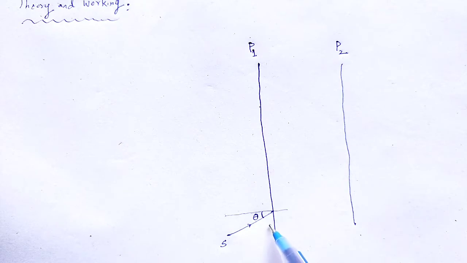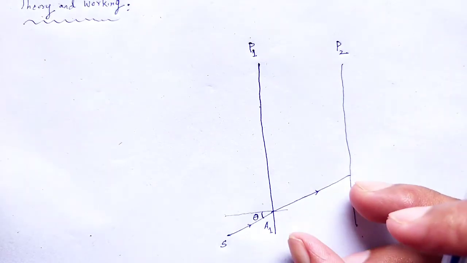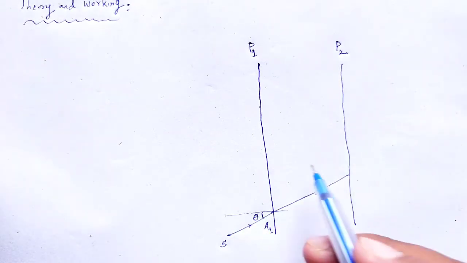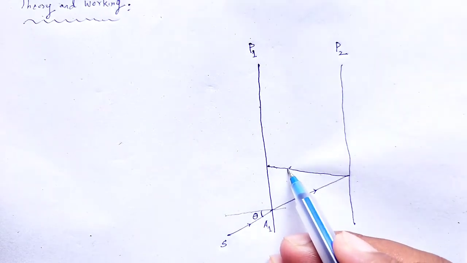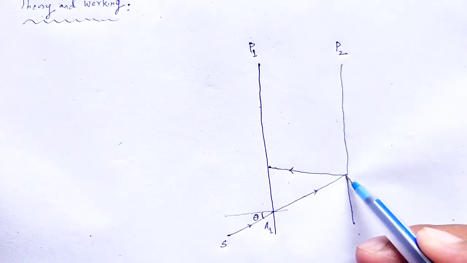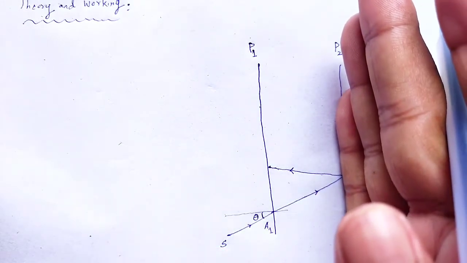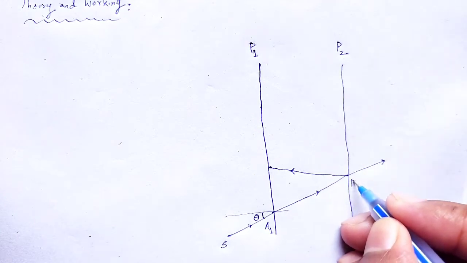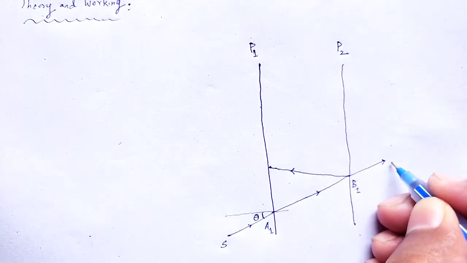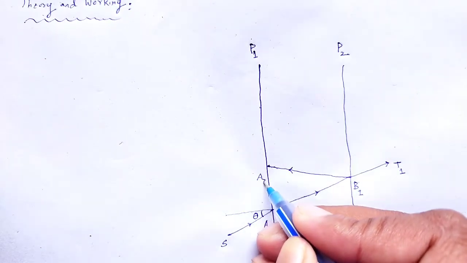Let the point be A1. That ray undergoes reflection and transmission, as that surface is entirely reflecting and the other is partially reflecting and transmitting. At point B1 the transmitted ray is named as T1, and the next point as A2.